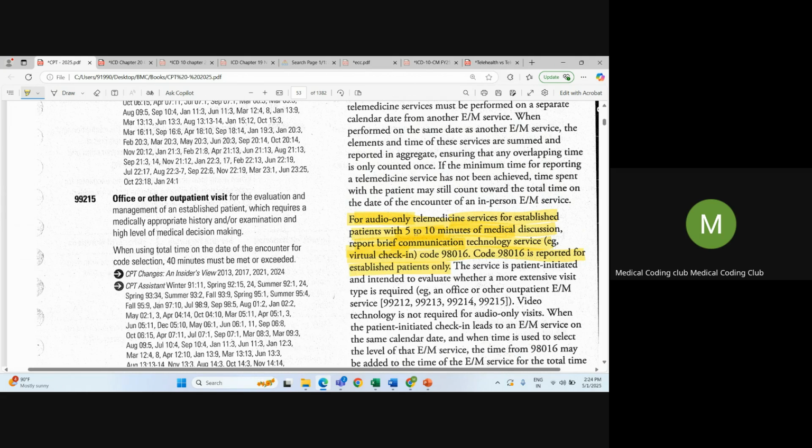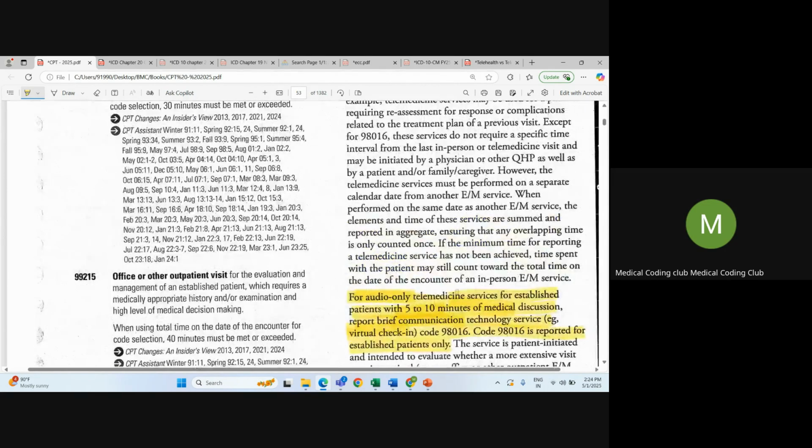Okay, if it happens only for 5 to 10 minutes and it is only audio, okay, not more than 10 minutes, and patient should be established, then you can utilize 98016 as your code. Okay, the code description is brief communication technology service. Maybe just to have a quick appointment they might call and then they take. So for that 98016 we will use.